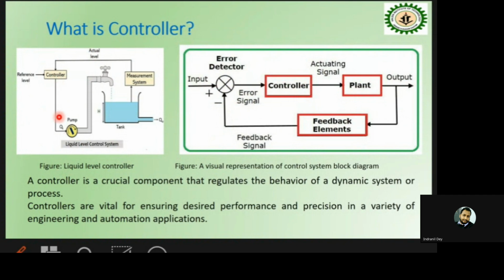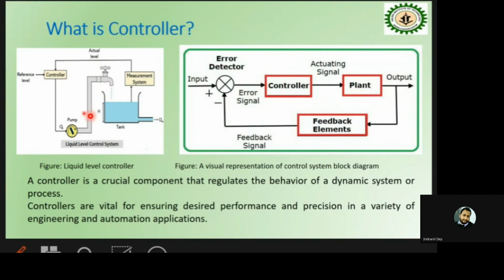That error of 3 will be the input to the controller, and the controller will generate a control action by its algorithm such that the pump will operate less to give less flow to the tank, such that the outlet from the tank will be more than the inlet, and the height will reduce.